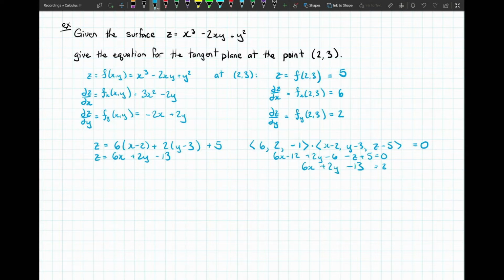So the two forms are equivalent, depending on which is more useful. If we want to just jump right to having that normal vector handy, 6 comma 2 comma minus 1, then vector form is certainly going to be a little more useful. But this linear equation in scalar form is also very, very useful.